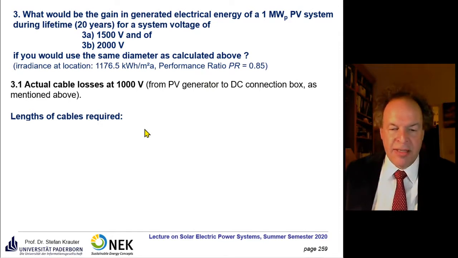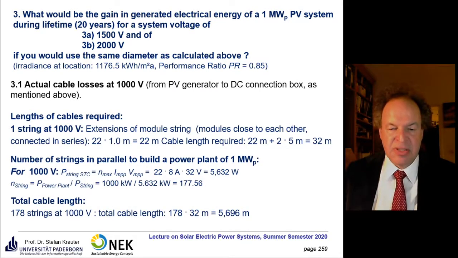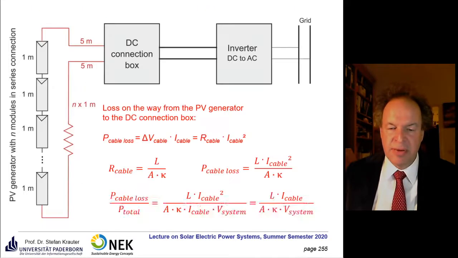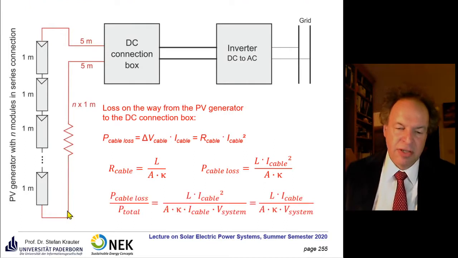So we calculate the length of the cables. At 1000 volts, we have 22 modules. Remember the scheme here: 22 times 1 meter plus 5 meters.